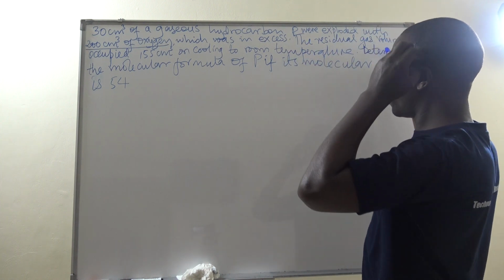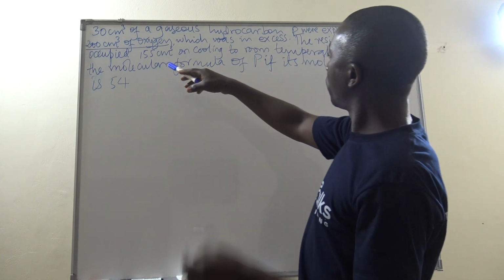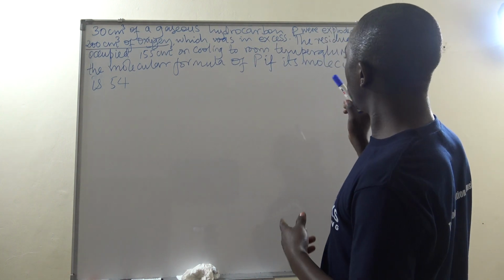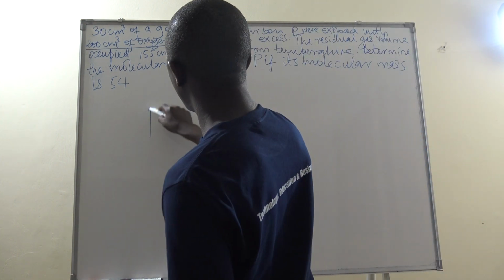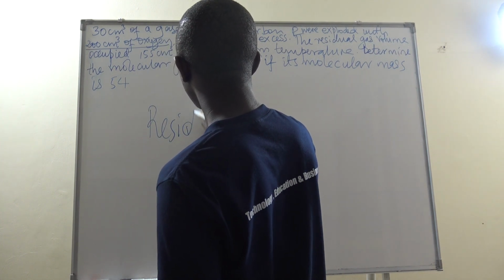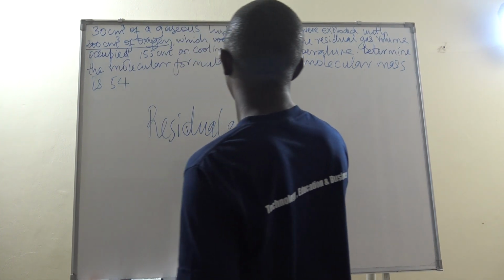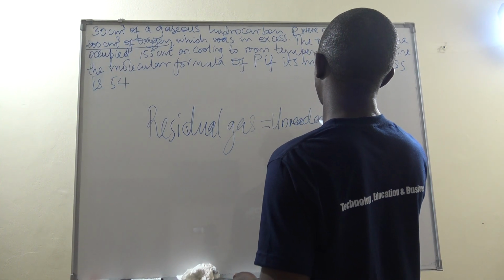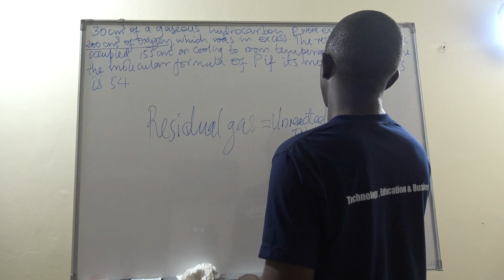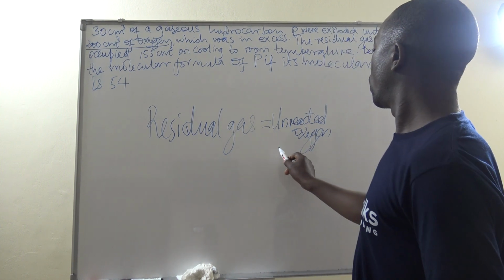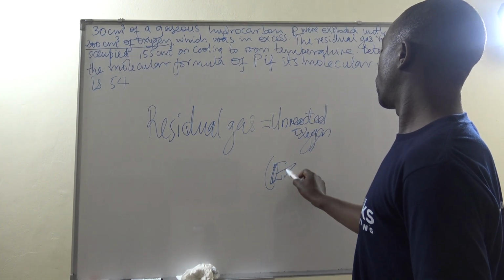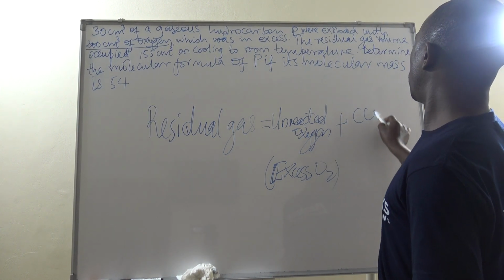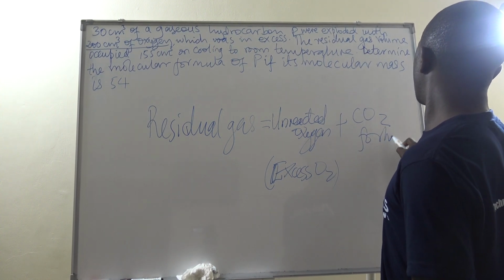Then the residual gas volume occupied 155 cubic centimeters on cooling to room temperature. Now remember, we said residual gas contains unreacted oxygen, which we can also call excess oxygen, plus carbon dioxide that has been formed.